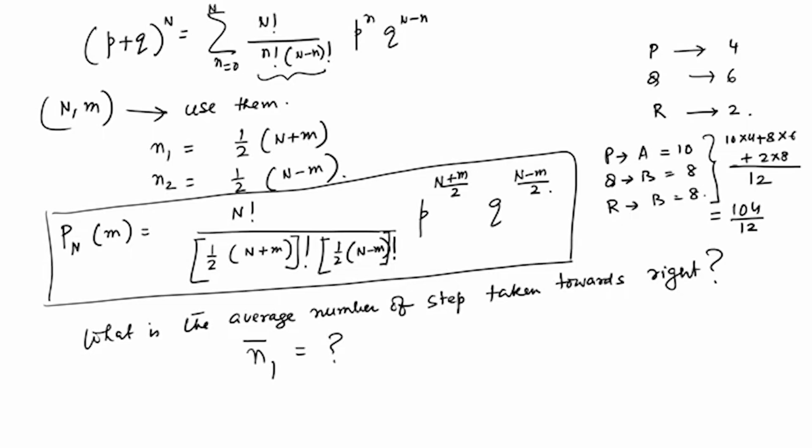Okay. And we have to calculate n1 bar using this distribution, and n1 bar is just what we have discussed, equal to the sum of n1 P n of, we can write it as m, but we can also write it as n1 here, because n1 and m are related.